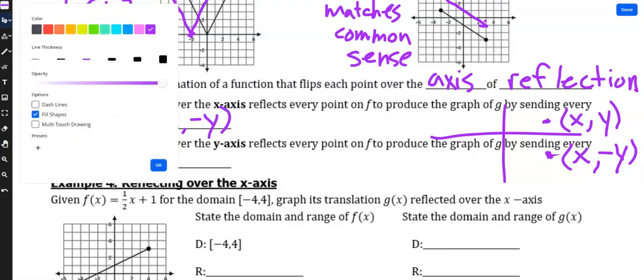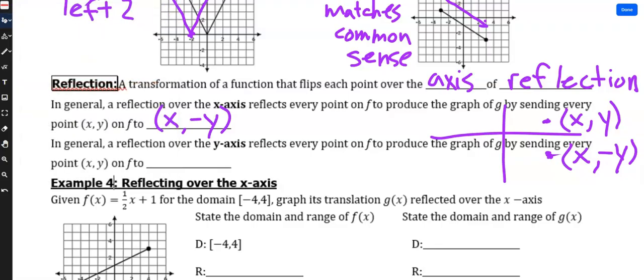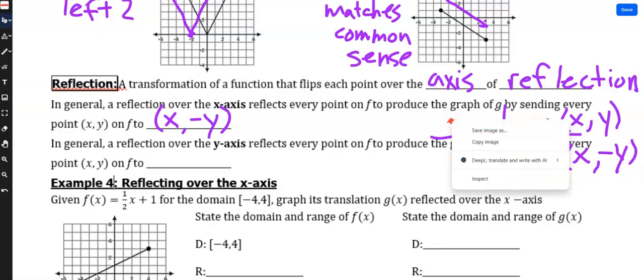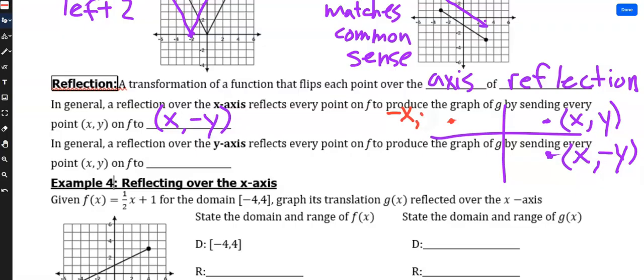What if, though, we were changing it across the y-axis? Then that means the x value would change and the y value would stay the same. So on the next line, it says, in general, a reflection over the y-axis reflects every point on F to produce the graph of G by sending every point xy to negative xy.